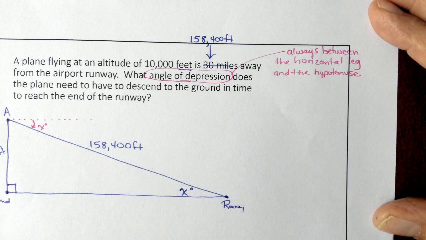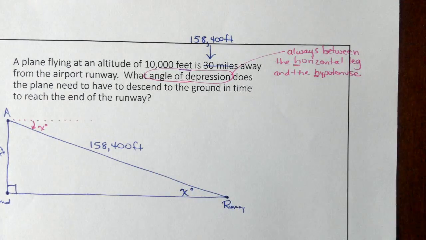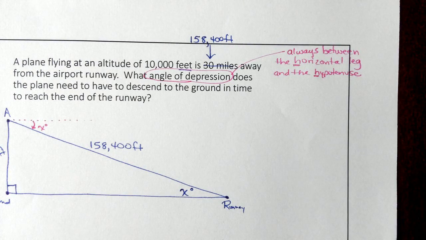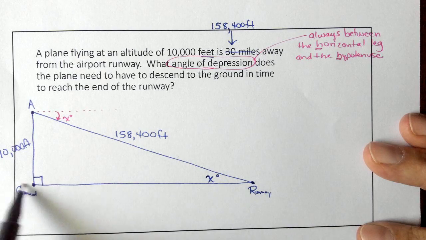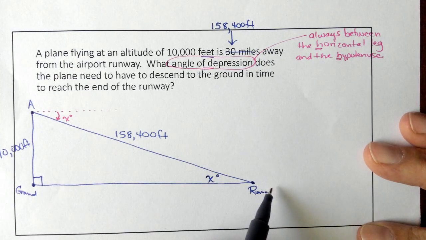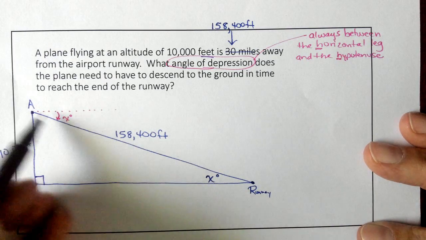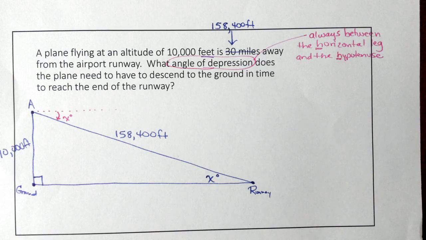There's only one of them. Horizontal starts with an H, hypotenuse starts with an H. I always say look between the H's. So horizontal side is the ground, hypotenuse is the line of sight down to the runway, and the angle that's formed by those two, the horizontal and the hypotenuse, that's always your angle of depression.